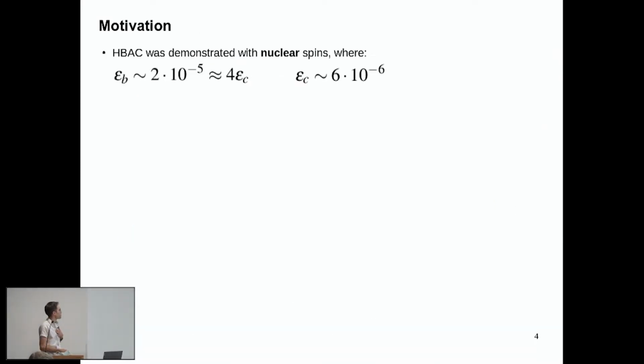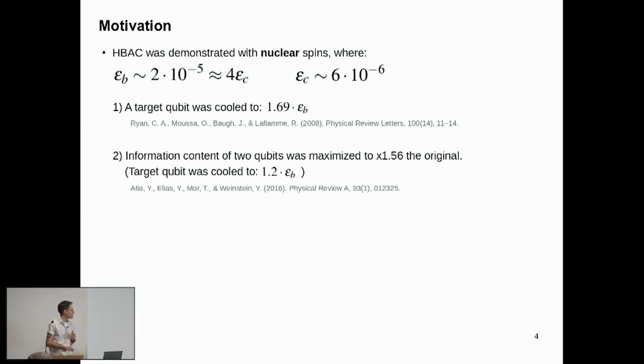Okay, so this heat bath algorithmic cooling was demonstrated in the past, but only by using nuclear spins to cool other nuclear spins, and the gain in these systems is not too high. You have a heat bath polarization which is approximately just 4 times the polarization of the qubit you're trying to cool.